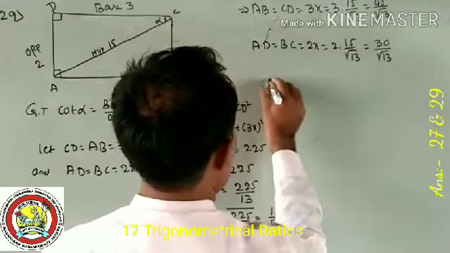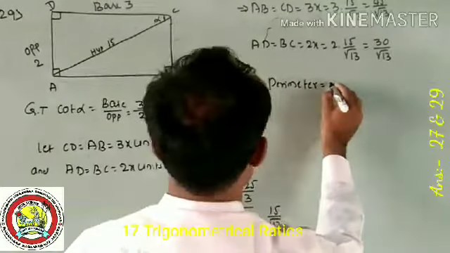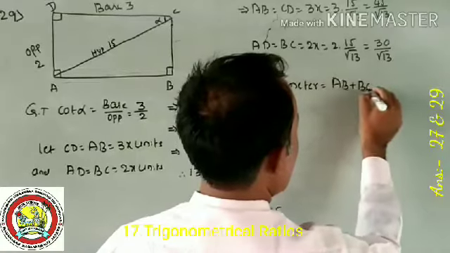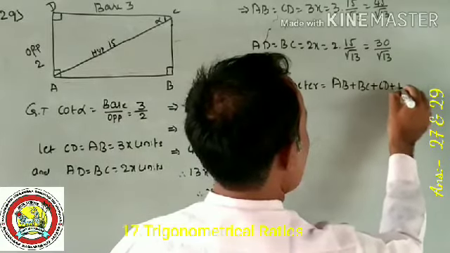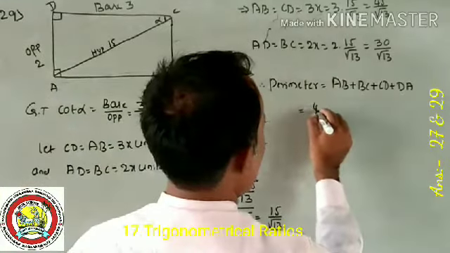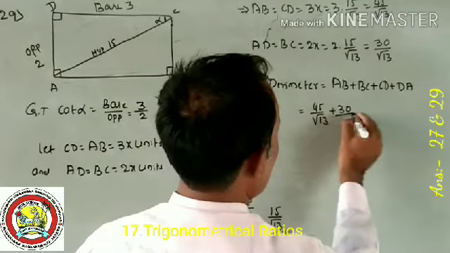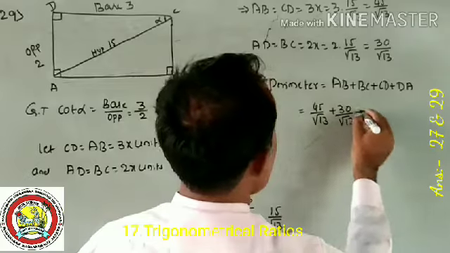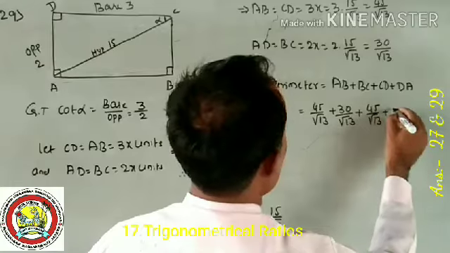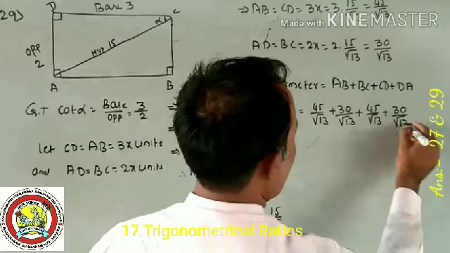The question is first you have to find the perimeter of the rectangle. So perimeter means sum of all four sides, that is AB plus BC plus CD plus DA. What is the value of AB? 45 by root 13, BC 30 by root 13, CD 45 by root 13, then DA is also equal to 30 divided by root 13.